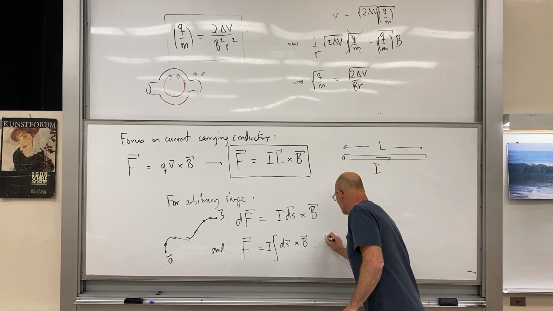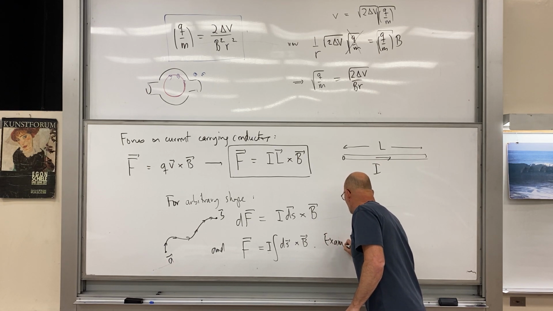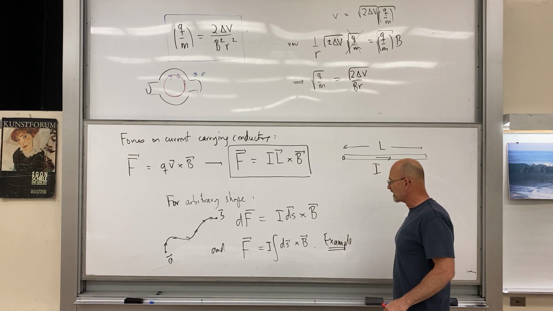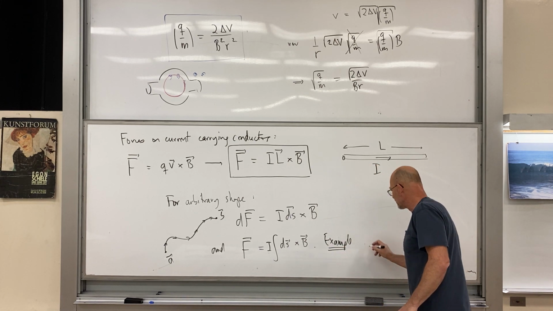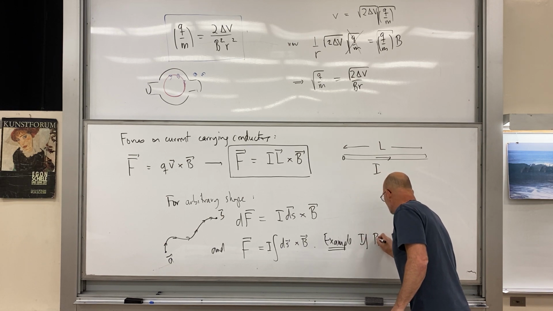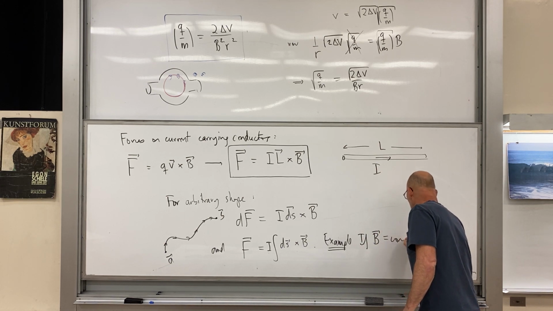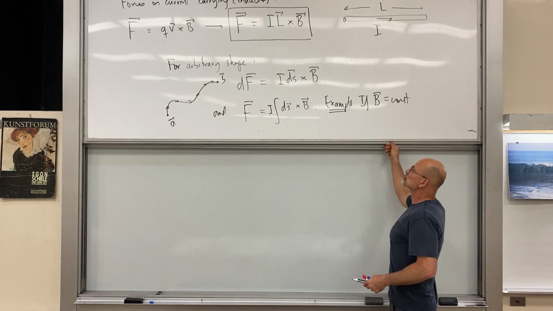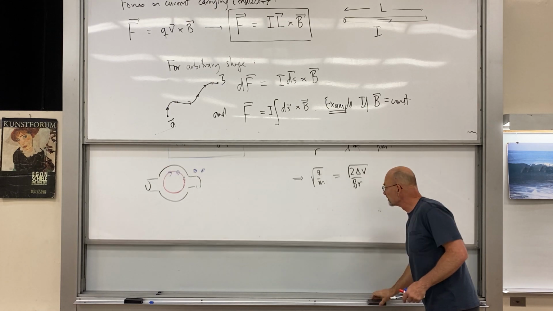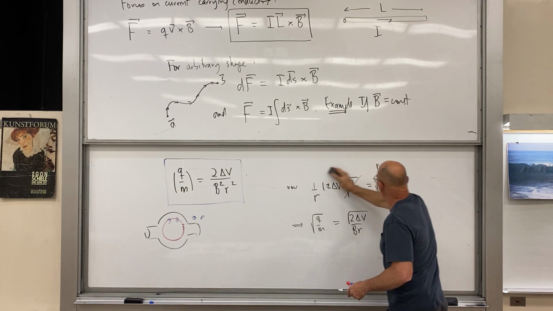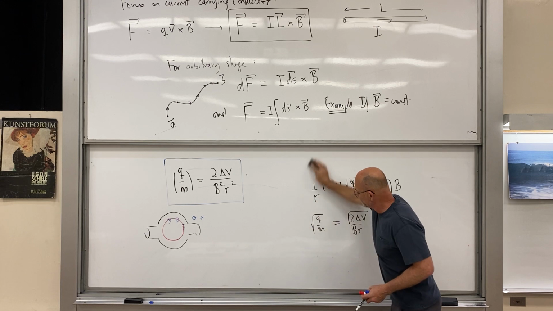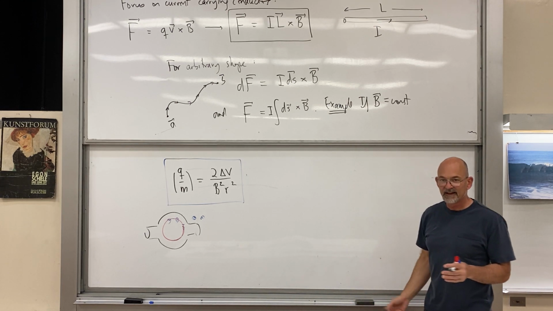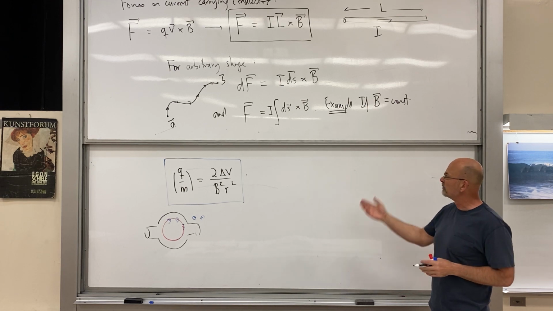So the first example is if B is constant, then we can pull it out of the integral. Of course, it's natural, most of the things we can calculate, it helps a lot if B is constant.